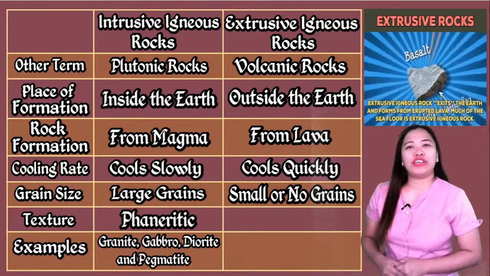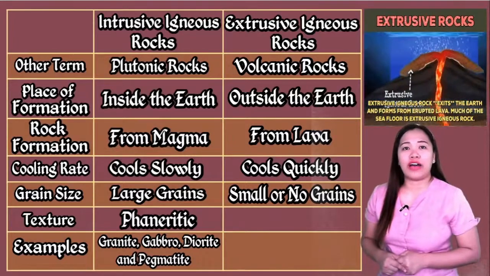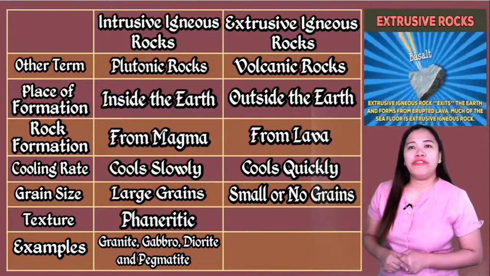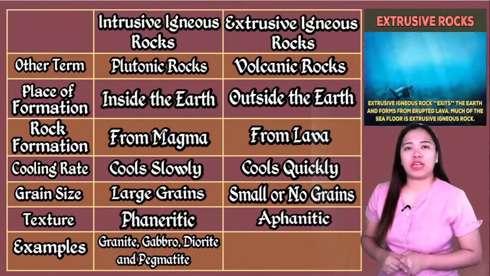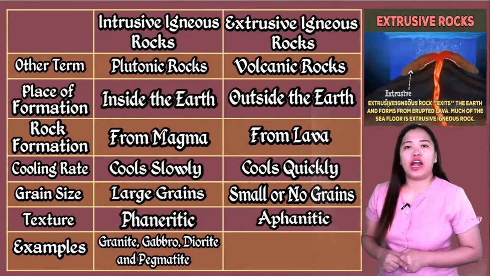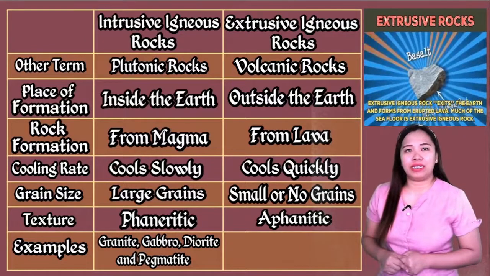The presence of these small crystals give extrusive igneous rocks a fine-grained texture, scientifically called aphanitic texture. Examples of rocks under this classification are obsidian, basalt, andesite, and pumice.